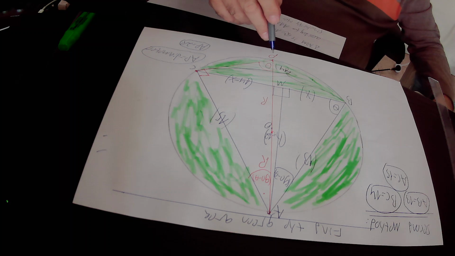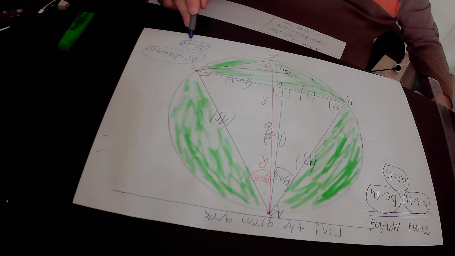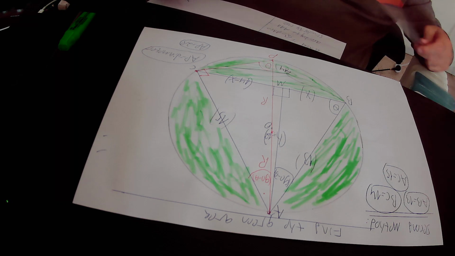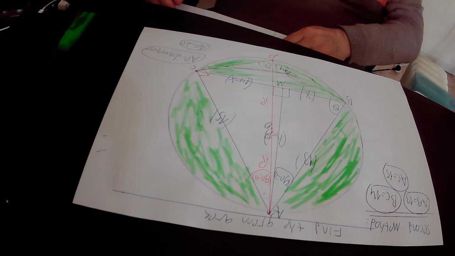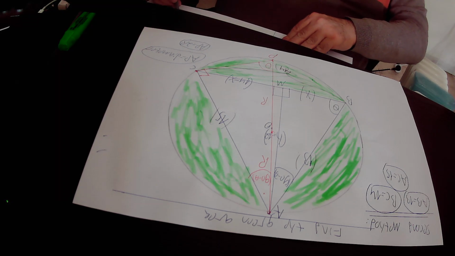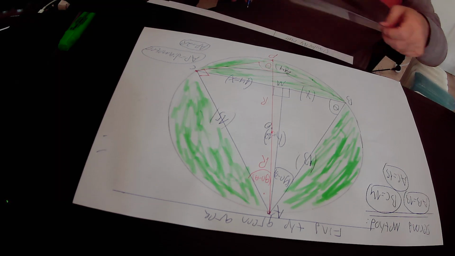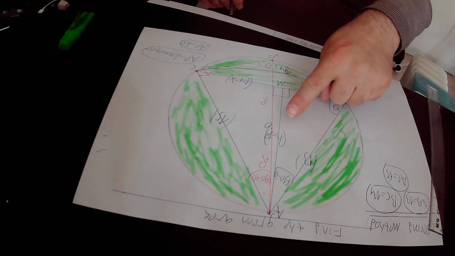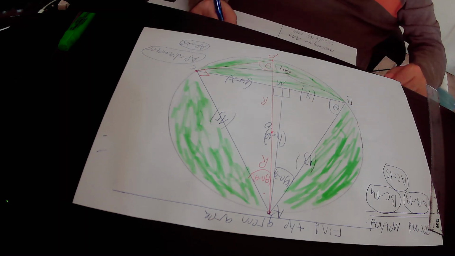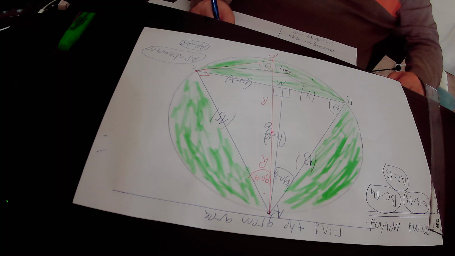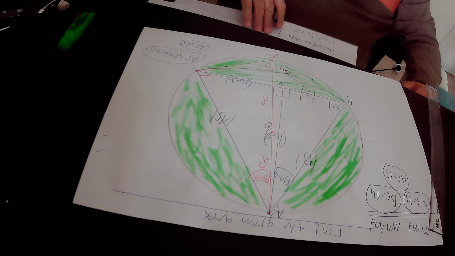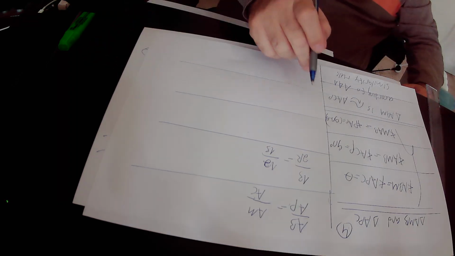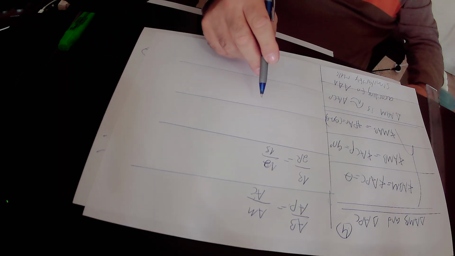AP is the diameter of the circle, which equals 2R, and it is equal to AM. AM is 12 over AC. AC is 15. We conclude further that 13 over 2R equals 12 over 15.